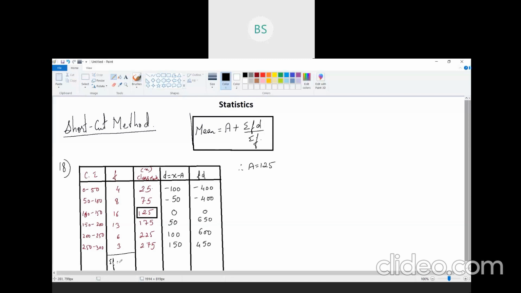So once we finish with this, we have to find out sigma f and sigma fd. So sigma f will be 50, right?